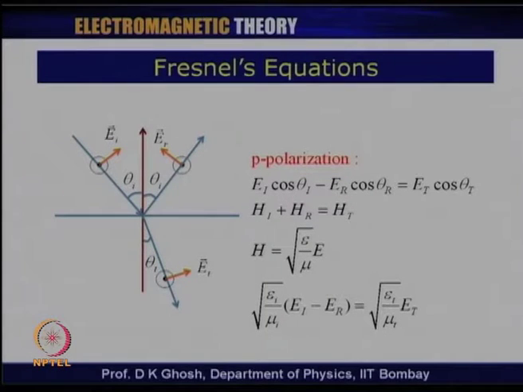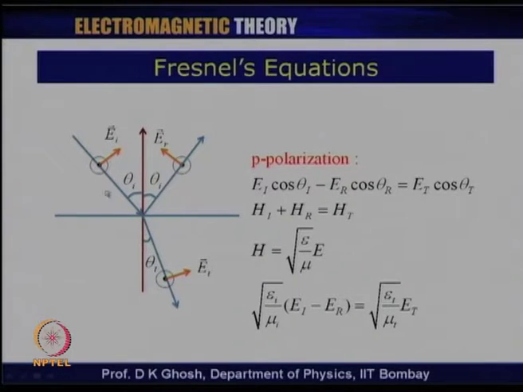So, this is a picture of the plane of incidence, because the interface actually is perpendicular to the plane of the screen, and so this incident ray, the reflected ray and the transmitted ray, this defines the plane, and of course, the normal, they are all in one plane. So, this is a picture of that plane.